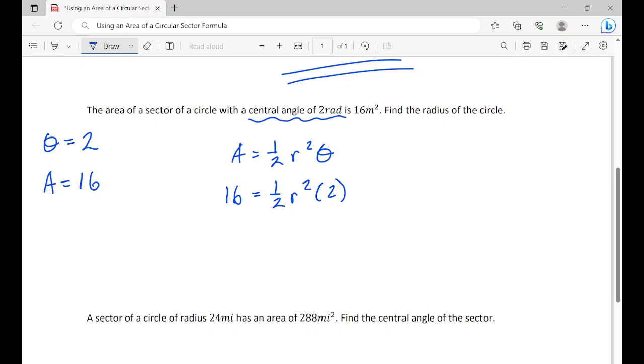So I'm going to end up getting 16 equals r squared. And then square root both sides. I'm going to get 4 meters for the radius. And as always, since I'm dealing with a length or a distance, I will disregard the negative because you cannot have a negative distance. So 4 meters is the radius.